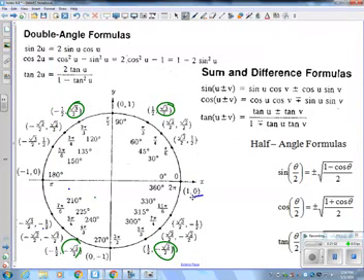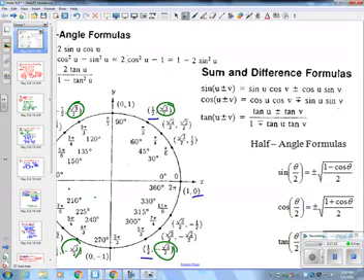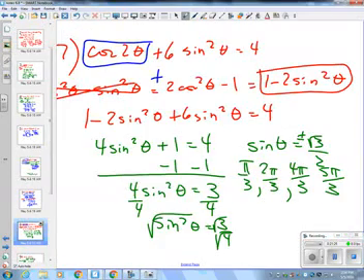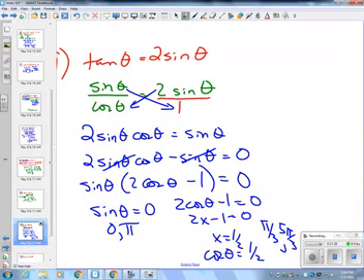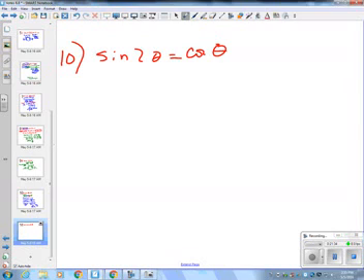As you can see, sine is 0 at pi and 0, and sine is, what was I looking for? No, cosine. I was looking for cosine's 1/2 at pi over 3 and 5 pi over 3. Yes. So 0 and pi, and pi over 3 and 5 pi over 3 is what we got.